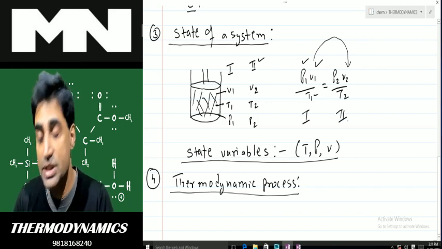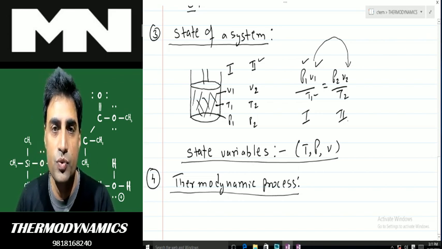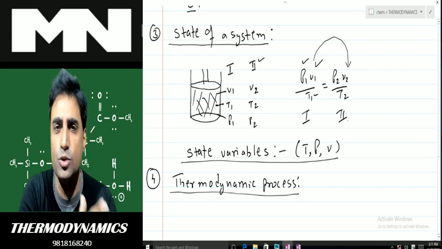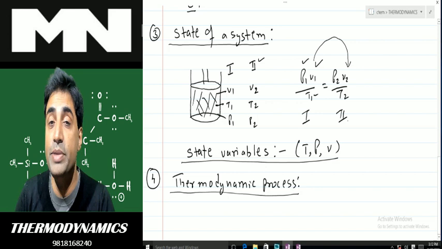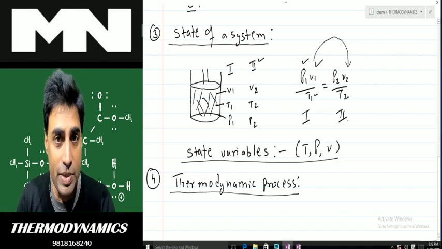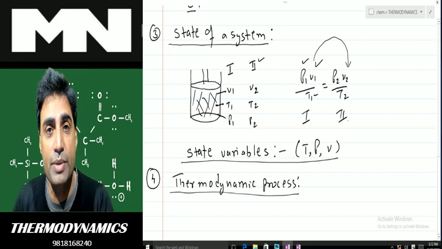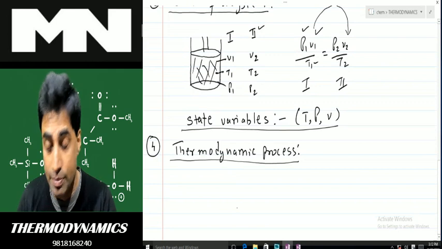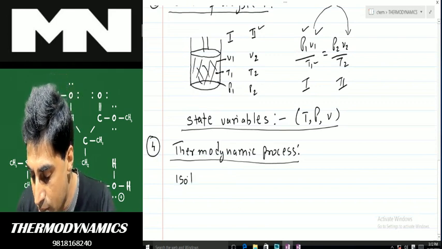Whenever a system changes its state, a thermodynamic process is said to take place. So whenever a system is in its initial state and then moves to the final state, changing from state 1 to state 2, that means a thermodynamic process is taking place. Depending on that, we have different types of thermodynamic processes like the isothermal process.